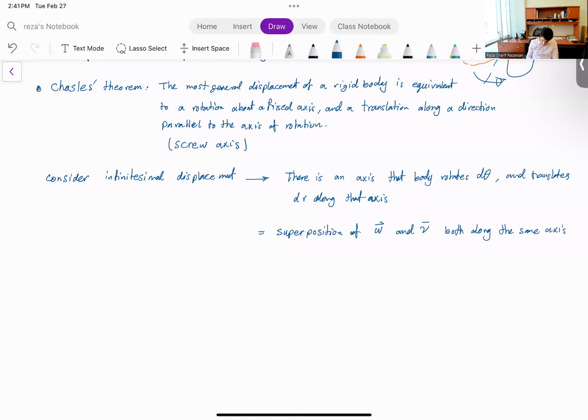And this axis, at this instant that omega and v are parallel, is called the instantaneous axis of rotation, or sometimes they call it the instantaneous screw axis.